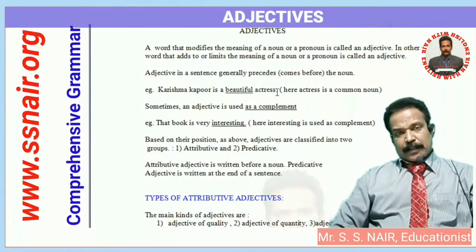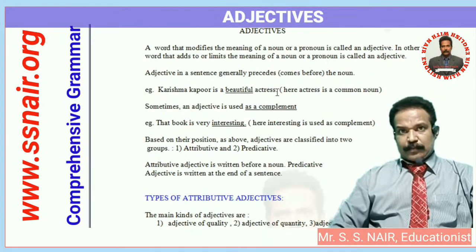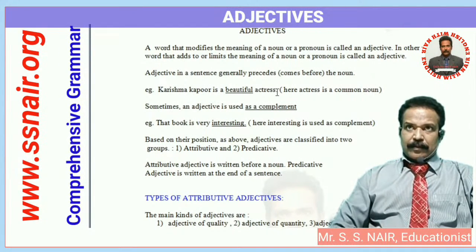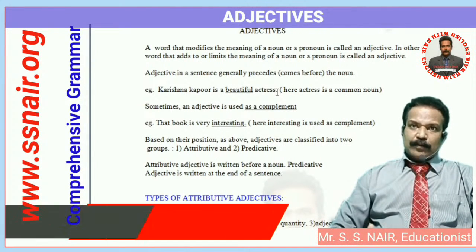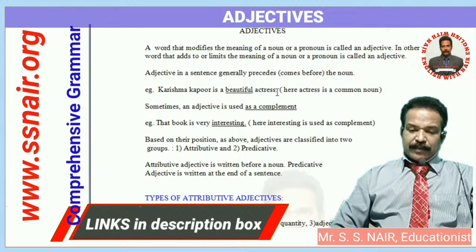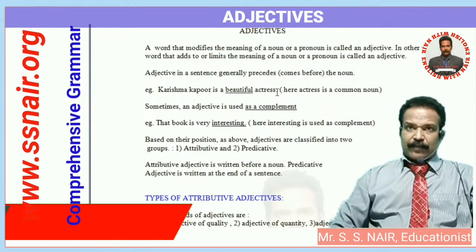As you know that in grammar we have pattern SVO, subject, verb, object or complement. So in the beginning of the sentence there will be subject, then verb, and afterwards there will be an object or a complement. So adjective is mostly used as complement also, that is at the end of the sentence to complete the part of a sentence.